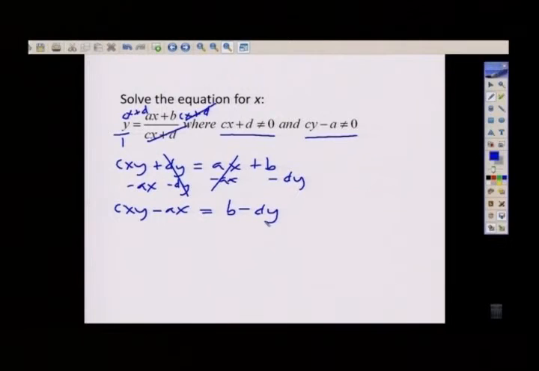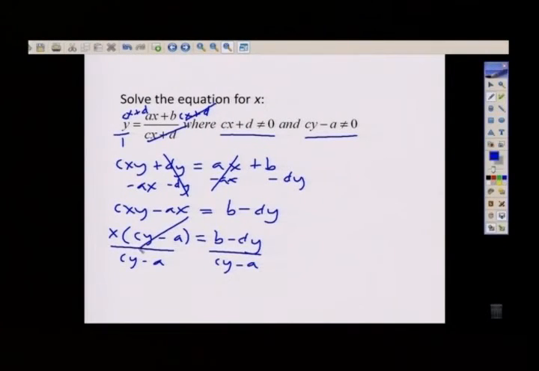So at least my x's are on the same side of the equation now. So I'm going to factor it out. So I have x times the quantity cy minus a, and then I'm going to divide both sides by that quantity, cy minus a.